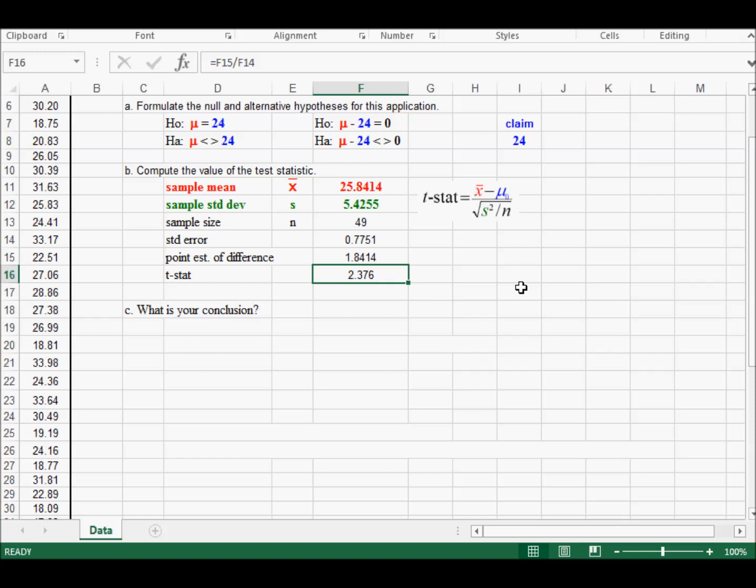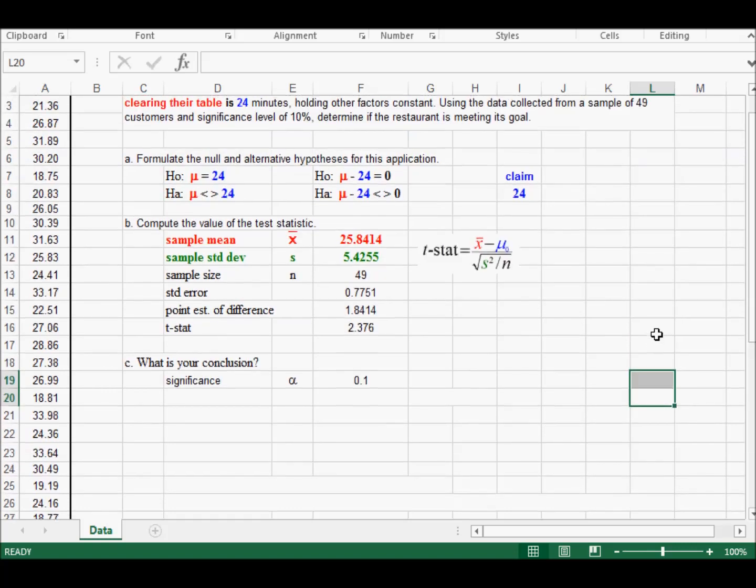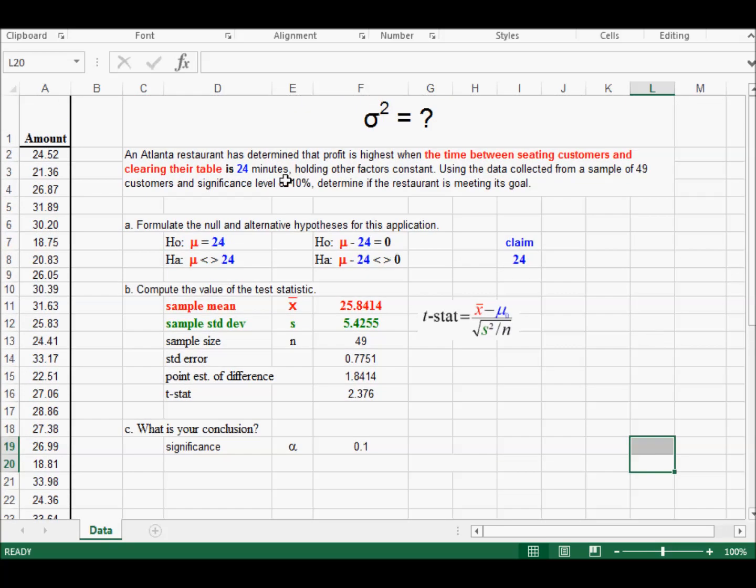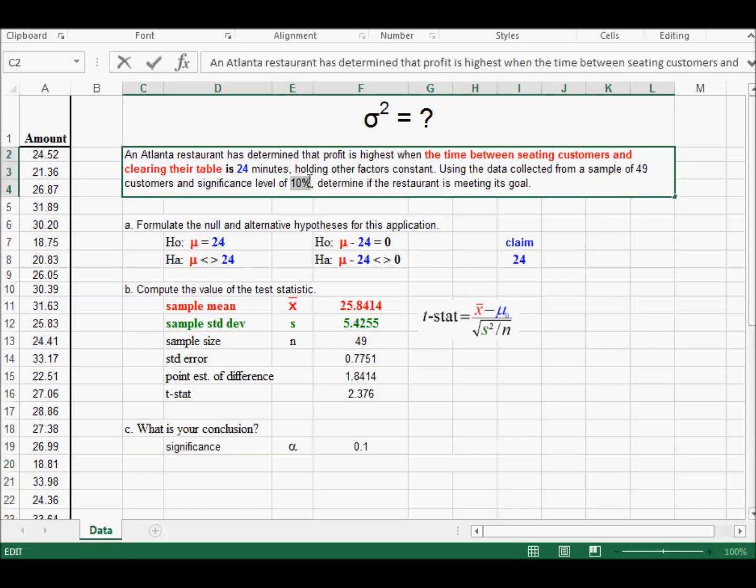Now we got to compare that to the critical values. Going back to the alternative hypothesis here, the alternative hypothesis says we have a lower tail test and an upper tail test. In other words, we have two tails to this test. So what we have to do is take the significance level, and the significance level was, in the problem, 10%.